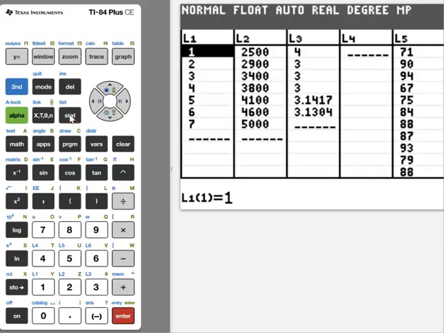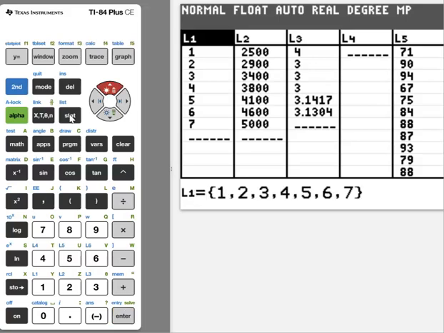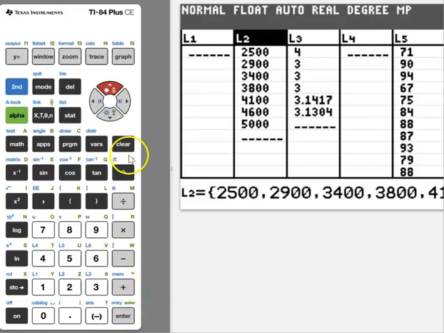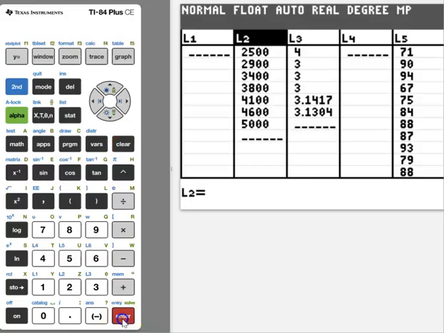All right, and in list number 1, I'm going to put the year. So remember it said 1991 would be 1. So I'm going to come up here and clear my list first just to kind of give myself a fresh start. So I go sit on list 1 and just hit clear and then enter. Same thing, go sit on top of list 2 and hit clear and then enter.